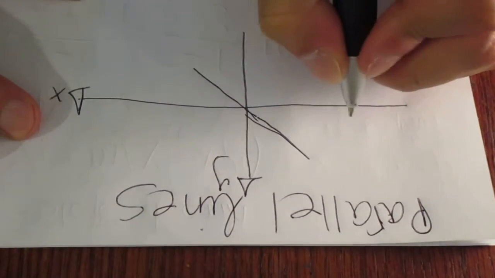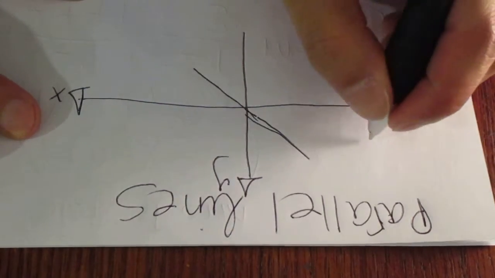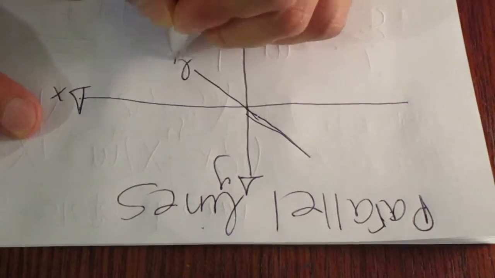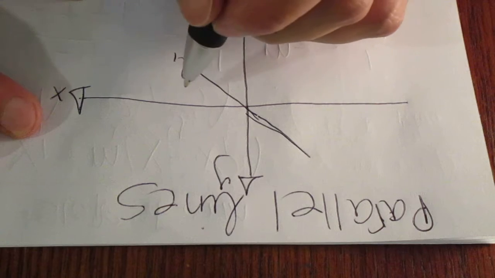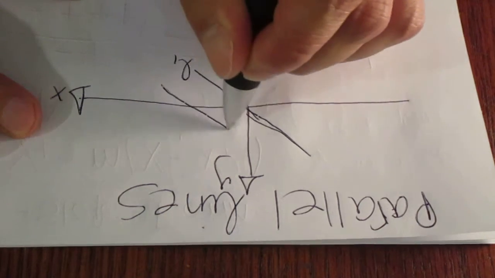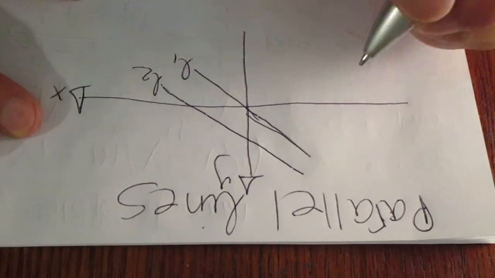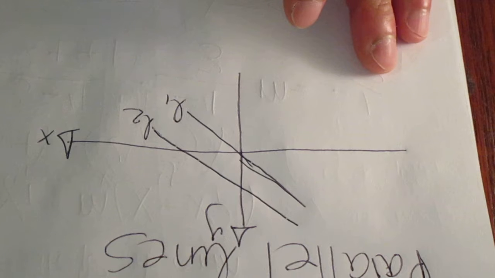We'll call this line 1, right? And then we want something parallel. It's going to look something like that. So line 2.